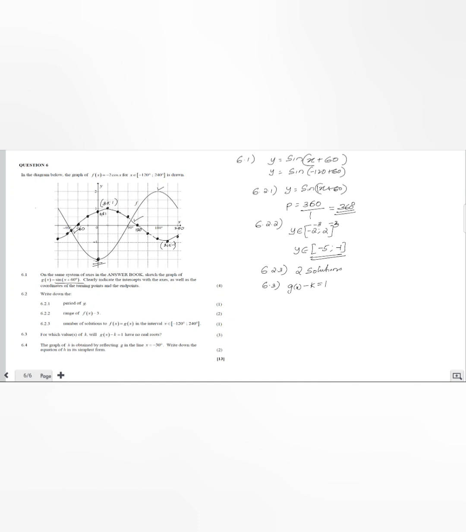G of x is a sine graph. You know that sine graph is defined from minus 1 to 1. I'm talking about the original sine graph. Sine x is defined from minus 1 up until 1, isn't it? So no real roots means if it goes more than 1 or less than minus 1.